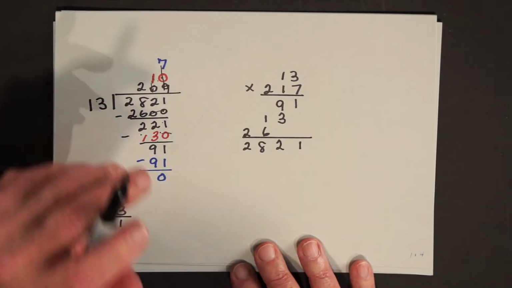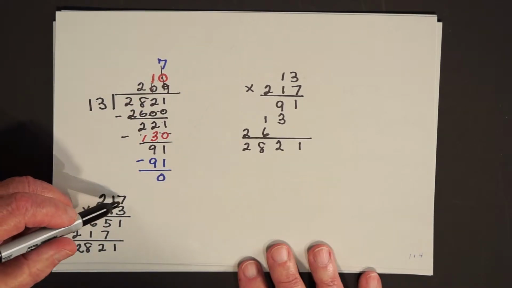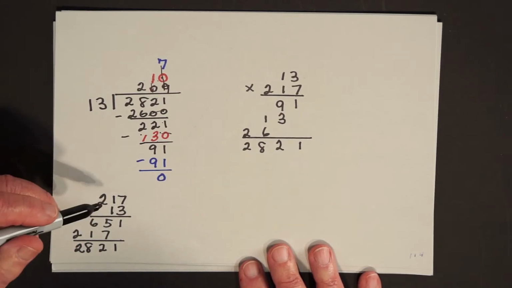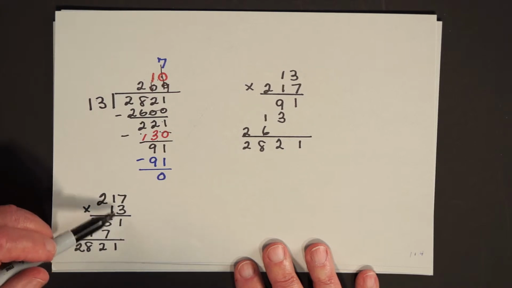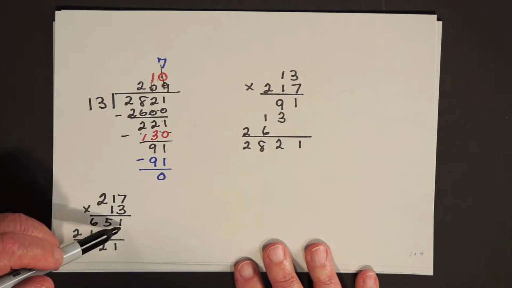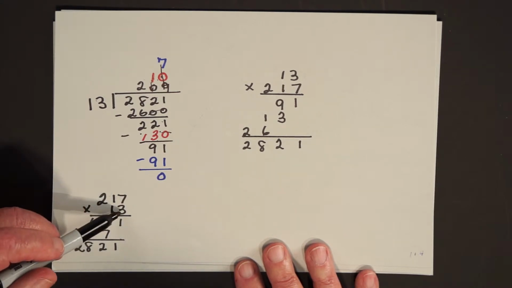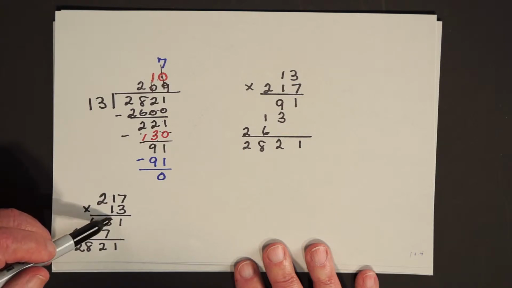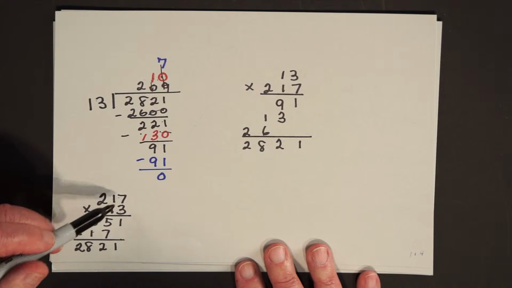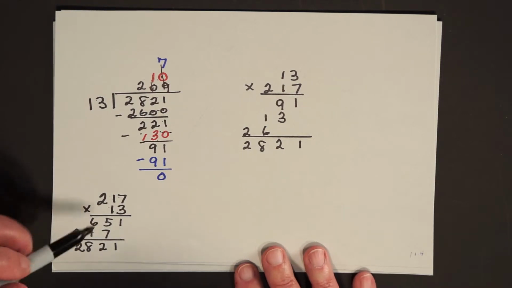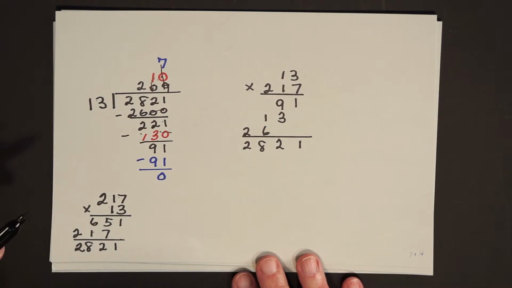Now here's another interesting thing. If I multiply 217 by 13 the usual way, by putting the bigger number on top, I wind up with what? I did previously 3 times 7 is 21, carry the 2, 3 times 1 is 3 plus 2 is 5, 3 times 2 is 6, 1 times 7 is 7, 1 times 1 is 1, 1 times 2 is 2. I get the same 2,821.